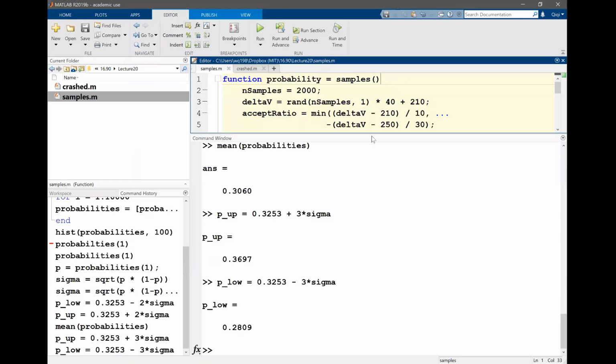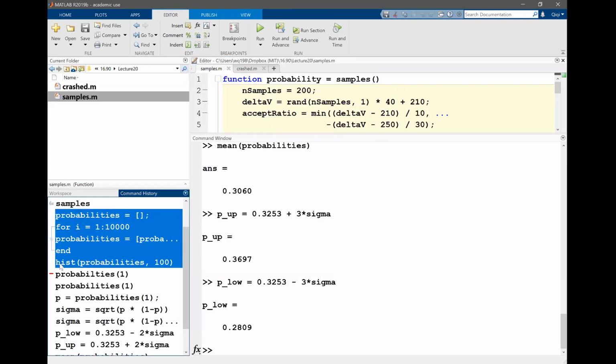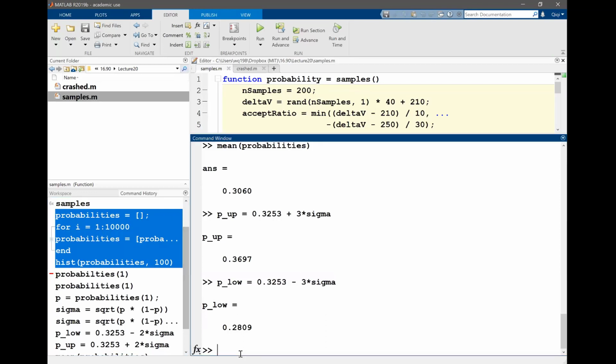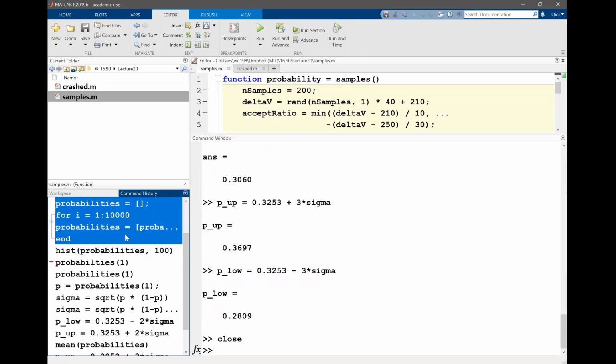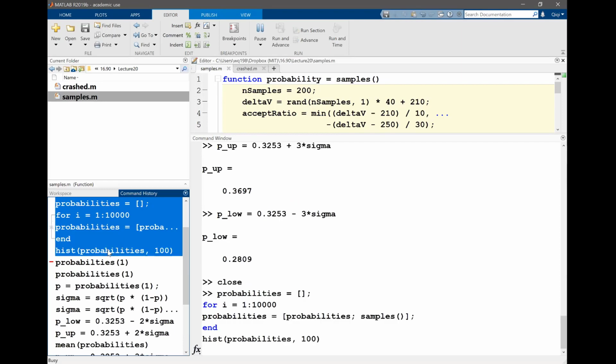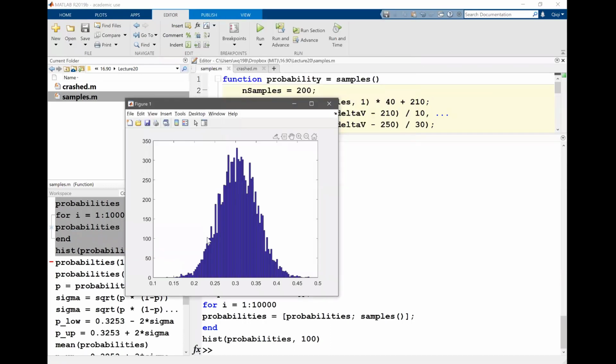So we can actually do it over here. If we have, let's see, 100 samples, and we redo the procedure. Actually, we close and we redo the procedure. Right, we already start to get something close to a normal distribution, but not quite.